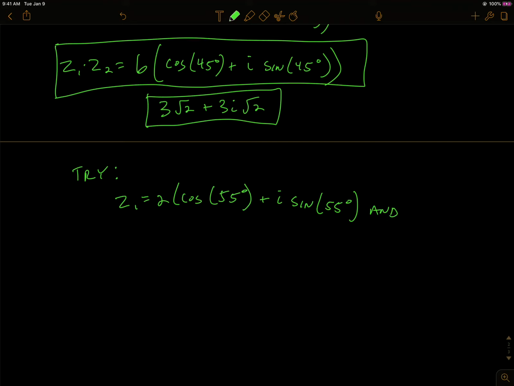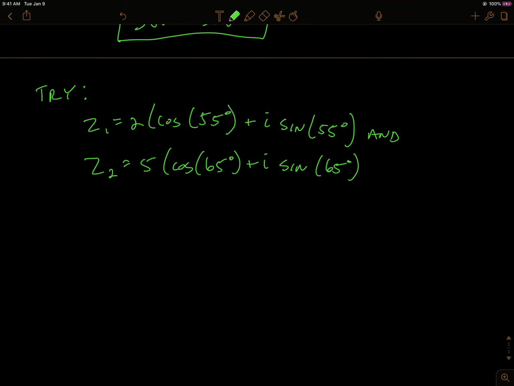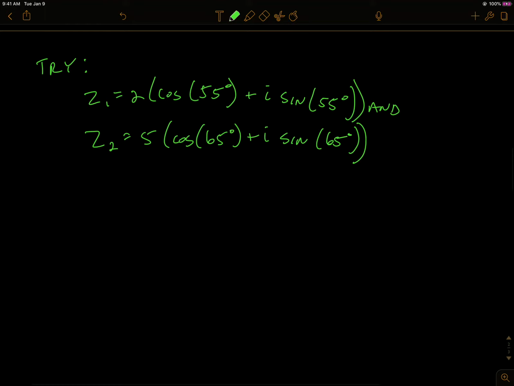And the second one, let's do 5 cosine of 65 degrees plus I sine of 65 degrees. And you can leave your answer in polar form. You don't need to convert it to rectangular complex form. Leave it in complex polar form. So pause the video and do that.